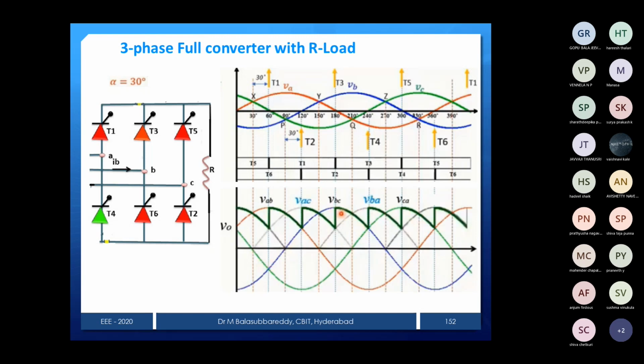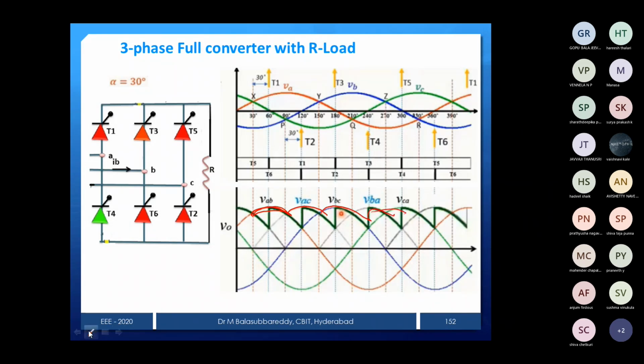So now the green shaded portion is your output voltage. Compare the difference when alpha is 0 degrees and alpha is 30 degrees. When alpha is 0, we started here, shaded this total portion, then it shifted to AC, and again shifted like this and like this.